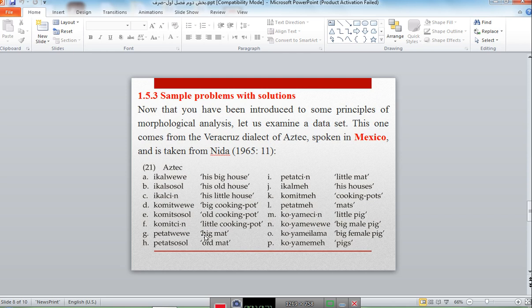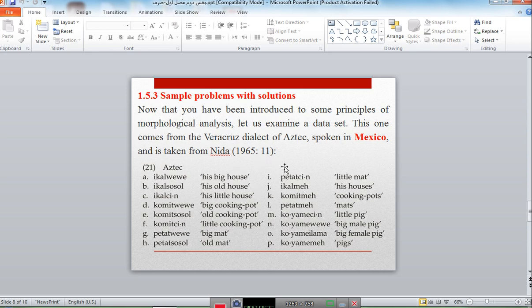You can break these words down into their morphemes by comparing the words to each other, by finding the same morphemes in these words, and by looking at the English translation, you can find the meaning of these words. This is a kind of analytic approach to the word.